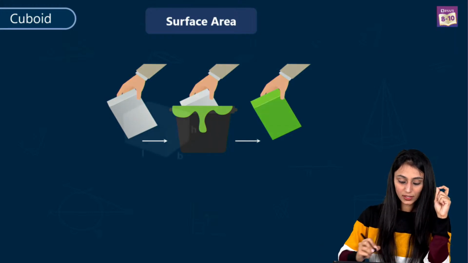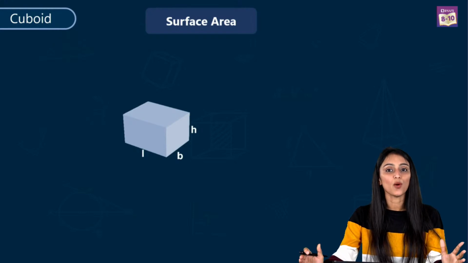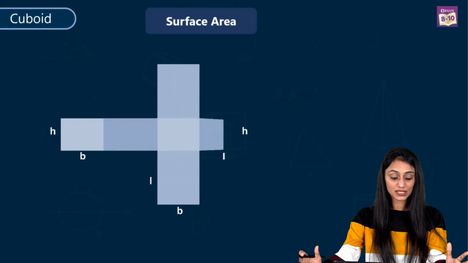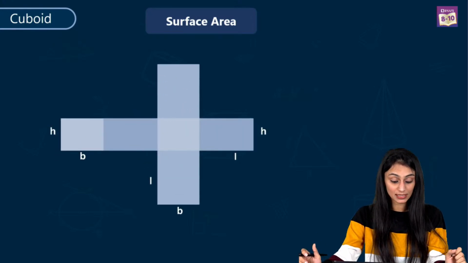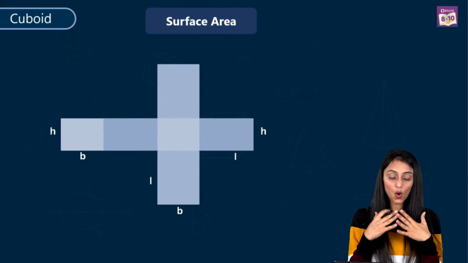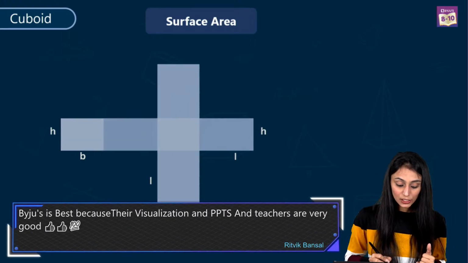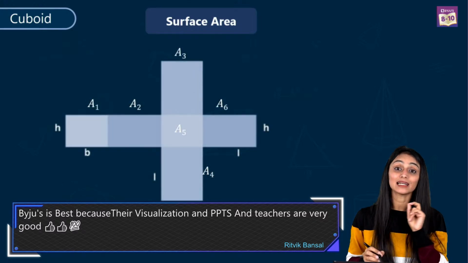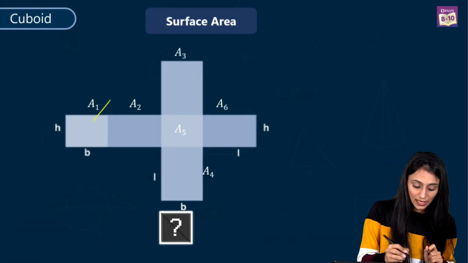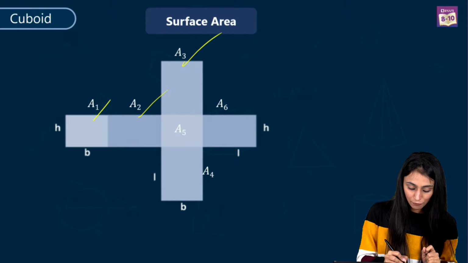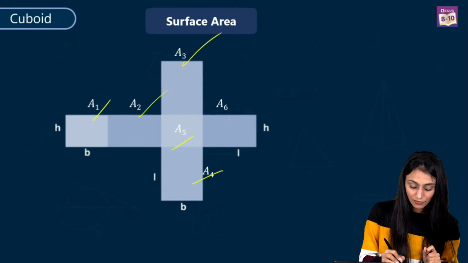Let's take a cuboid with different shades of blue representing different sides having different measurements. When we open this up and check all the sides, what we see is that in total I have 6 rectangles. This is area 1, area 2, area 3, area 4, area 5 and area 6.